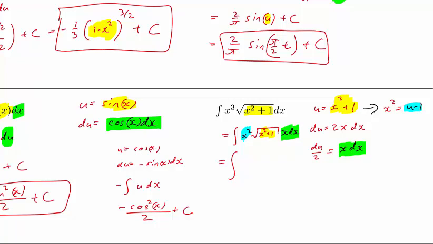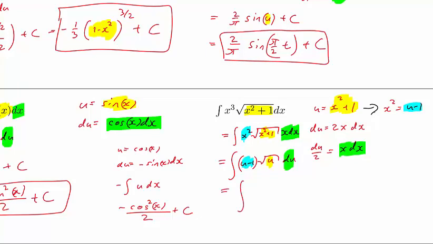So we have u minus 1 multiplied by the square root of u du. Let's go ahead and highlight everything so it's nice and easy to see. That's where everything happens. So let's go ahead and distribute the square root of u.